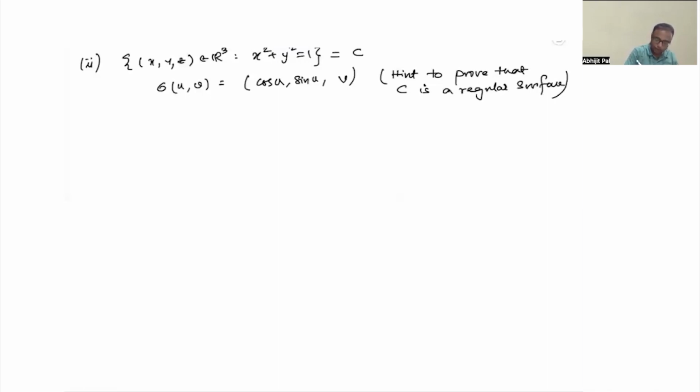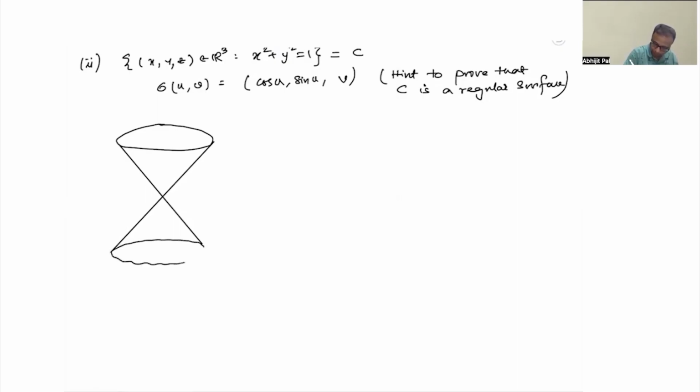Okay. So now, if I take this cone, if I take this cone, this is not a surface. Why is it not a surface?